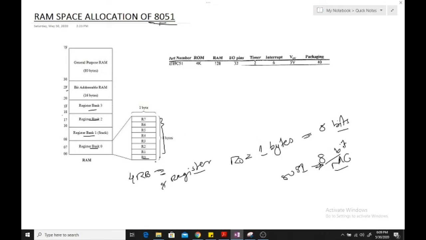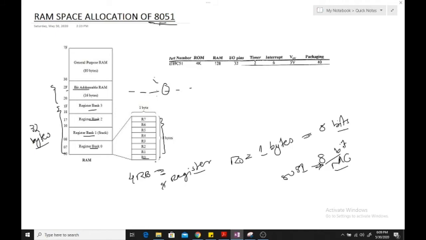So these 32 bytes are dedicated to our register banks. Then there are 16 bytes that are dedicated for the bit addressable RAM. That means these registers can be used for bit addressing.